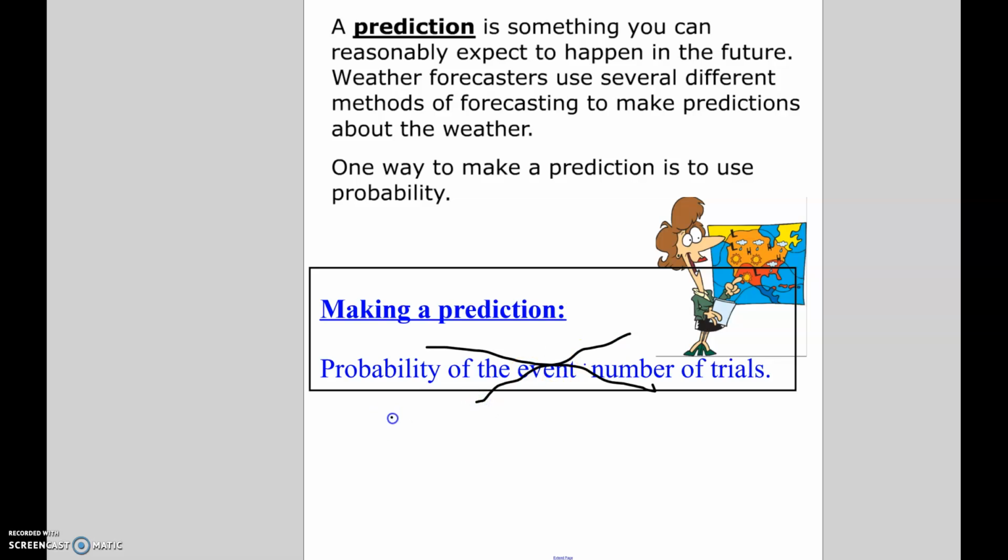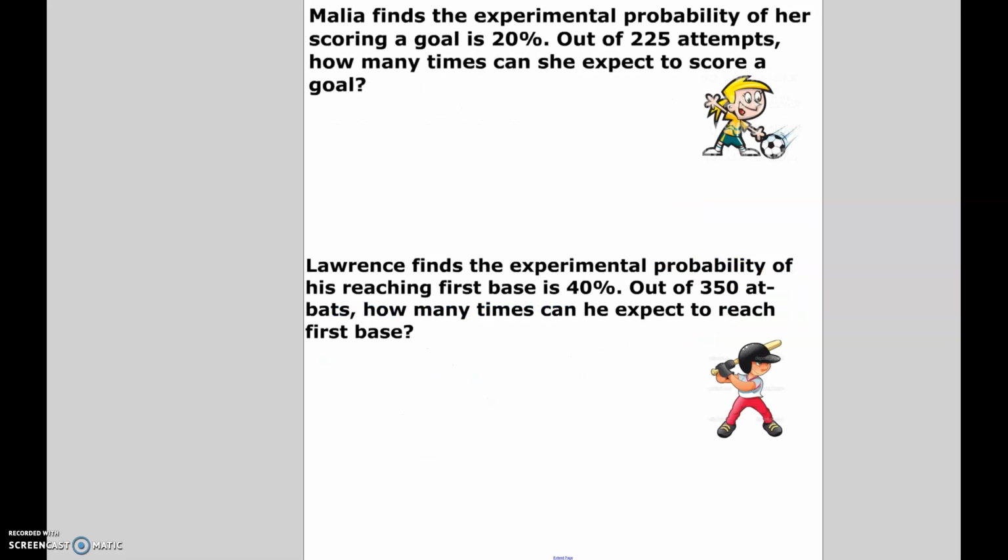Scratch that. Let's just do an example. All right, to make a prediction, we're going to make a proportion. So Malia finds the experimental probability of scoring a goal is 20%. So during her soccer games, 20% of the time she scored a goal and 80% she didn't.